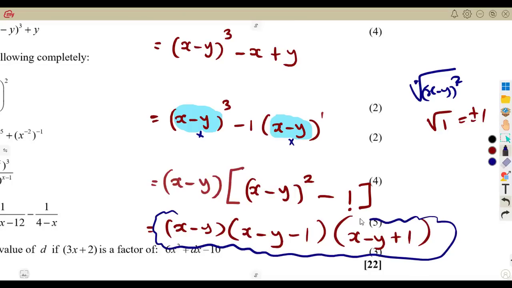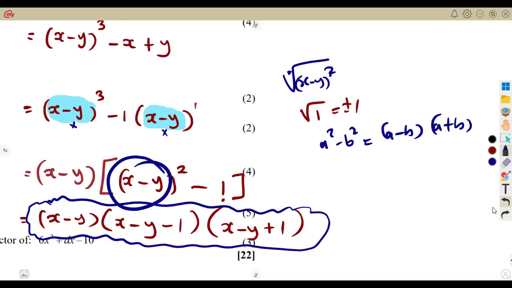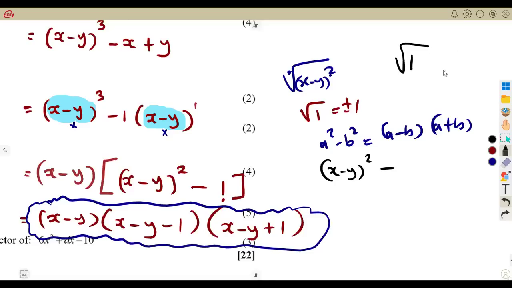We have also to consider the difference of 2 squares at the end. Just like the previous case, where I used a squared minus b squared, which is equal to a minus b into a plus b, you can also do that because it's already raised to the exponent of 2: x minus y to the power of 2 minus 1. 1 can be raised to any power and it remains as a 1.